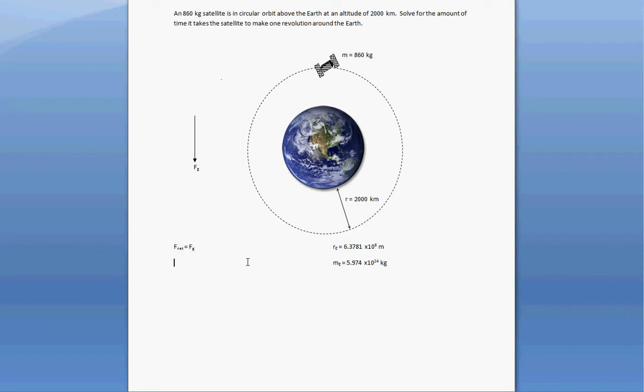So this means that mass times acceleration is equal to our force of gravity, and our force of gravity is equal to G times m1, m2 over r squared.